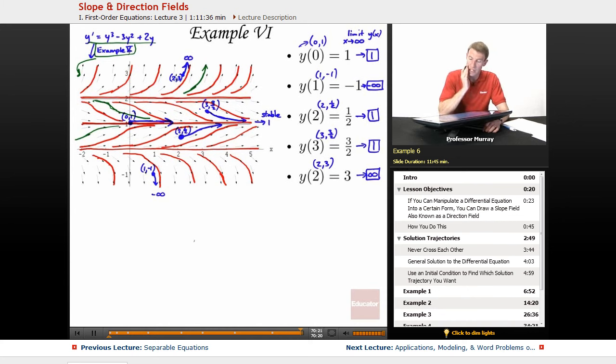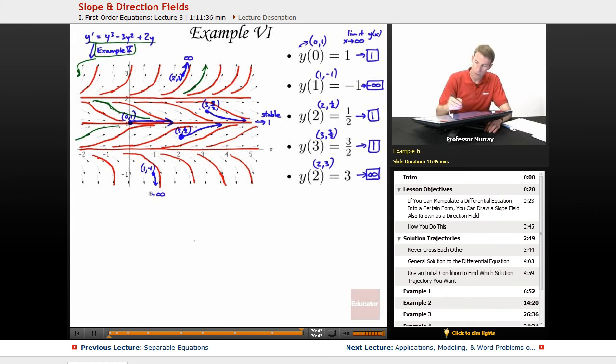And so at each one of those initial points, the question is, if you hop on a solution trajectory starting at those initial points, where are you going to end up in terms of y values as you drift to the right? And so I pursued each one of those to the right, and it turns out that quite a few of them just ended up drifting towards this stable solution at y is equal to 1.